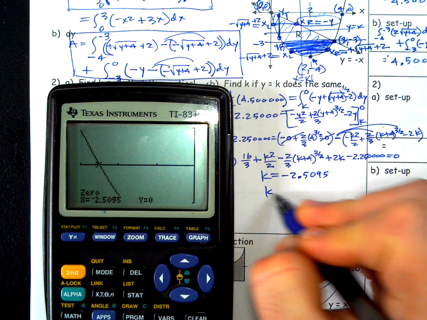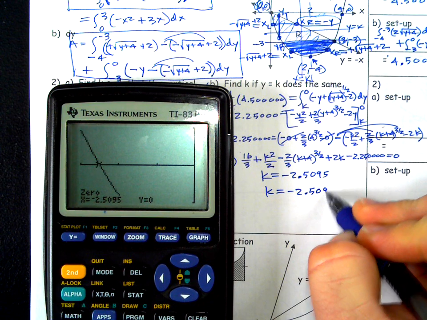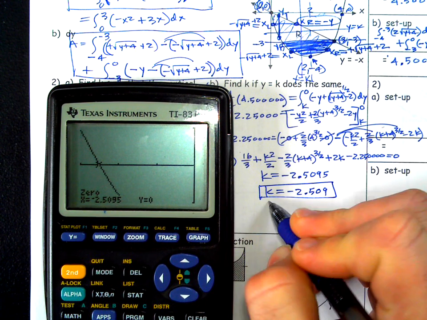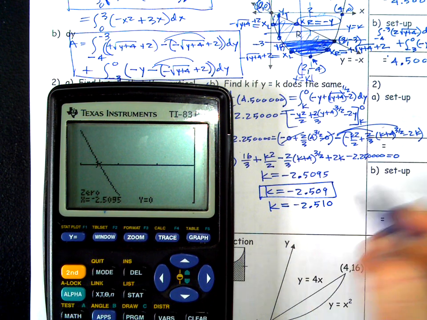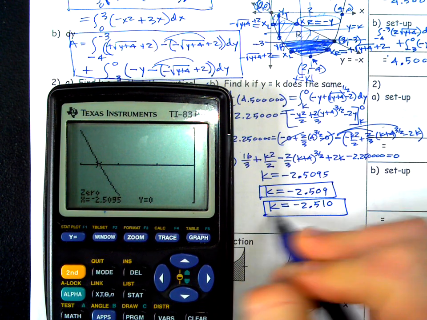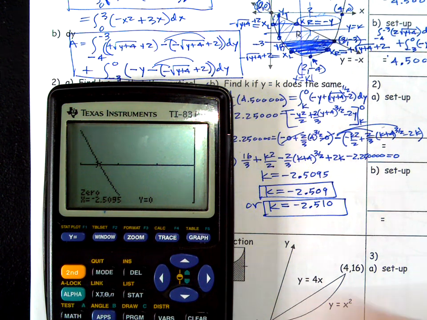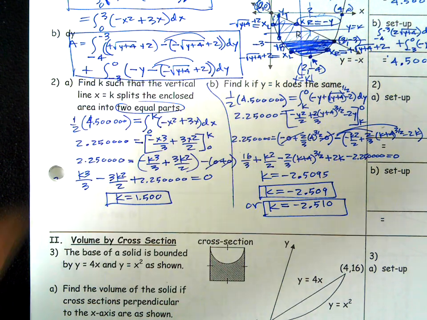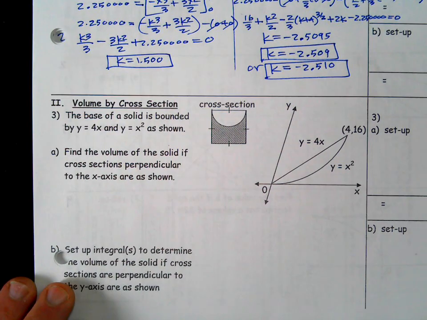We want 3 decimal accuracy, rounded or truncated, so -2.509 truncated, which is my favorite. It's harder to mess up truncation, but you could round it, and you would get that. Okay. Well, those are definitely really challenging problems, so that's some good practice getting you ready for that.